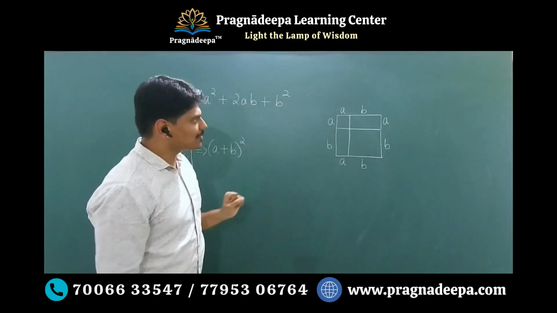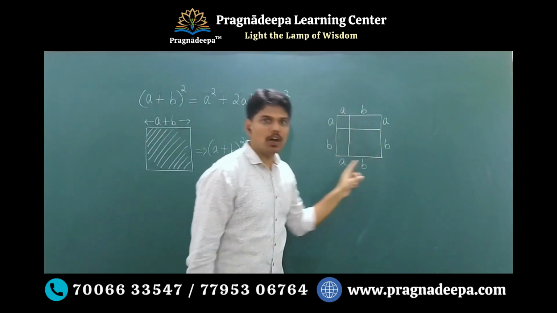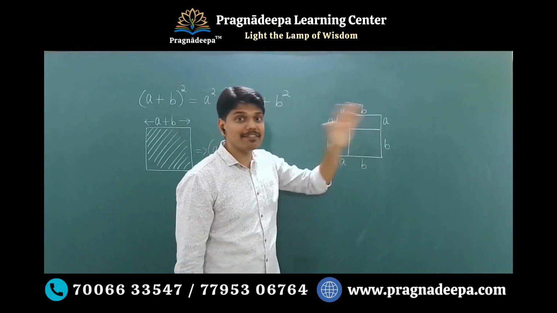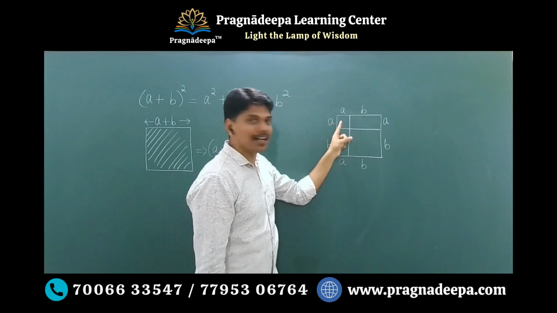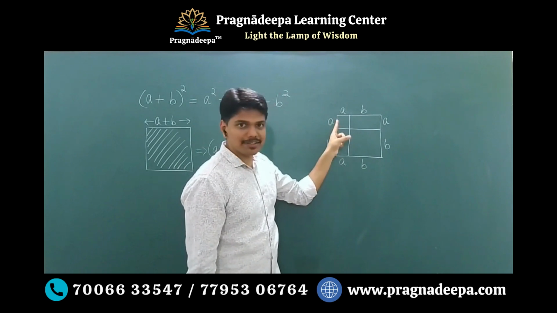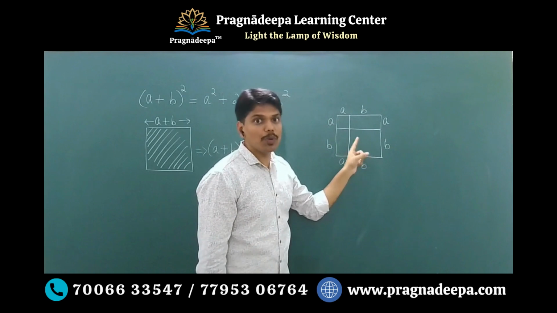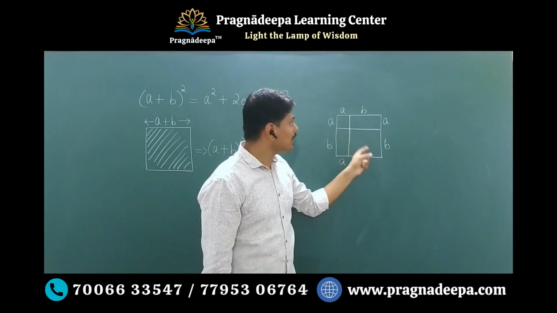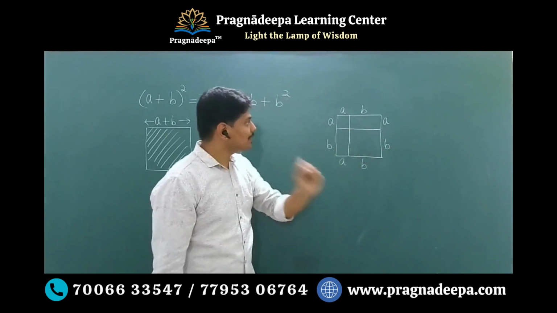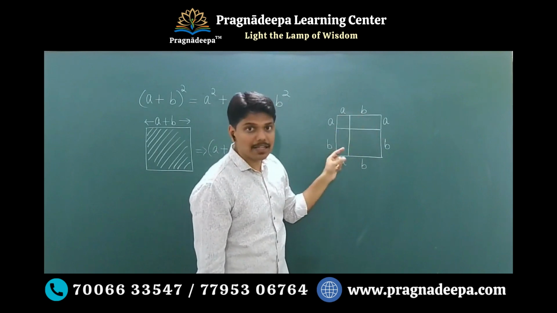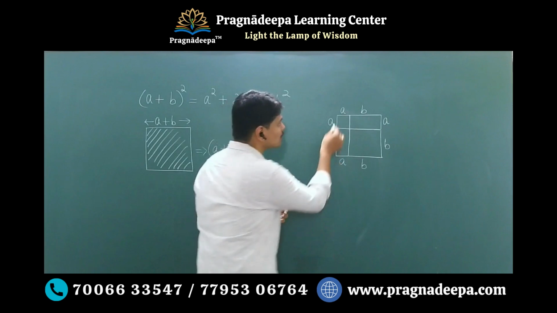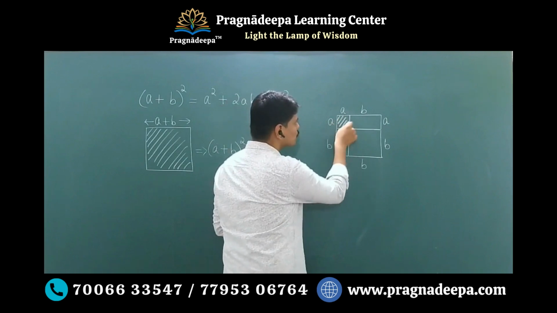Now you can notice that this one square of length a + b units is divided into four figures. One is a square with length a units, the other is a square with length b units, and another is a rectangle with length and breadth a and b, and another one is also a rectangle with length and breadth a and b. Suppose I ask you what is the area of this portion.